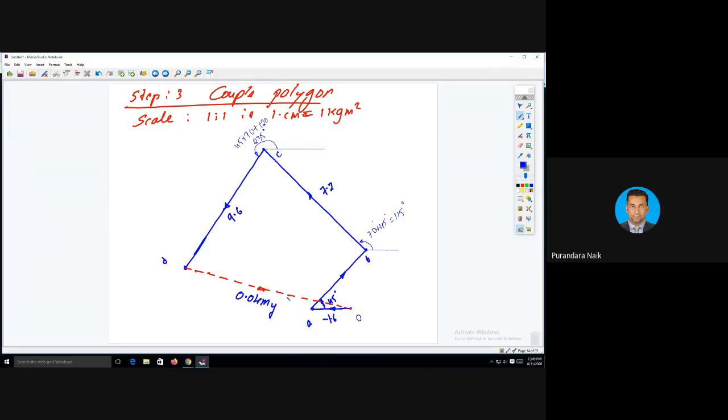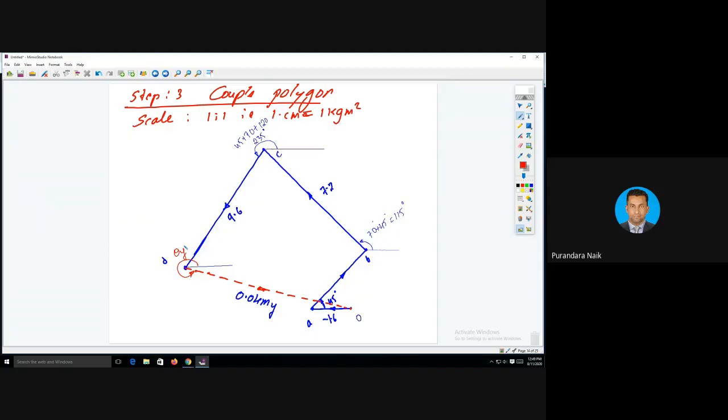And the corresponding angle is very, very important. Here at point D we are also going to mark a reference line. And if you measure the angle, we'll get theta y, because the corresponding mass is y. This is theta y. You measure this angle and write it here.